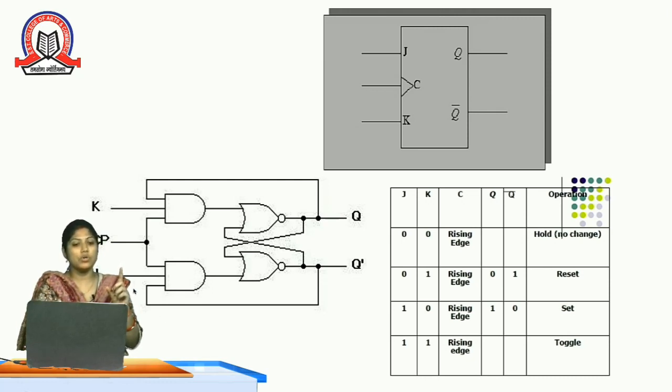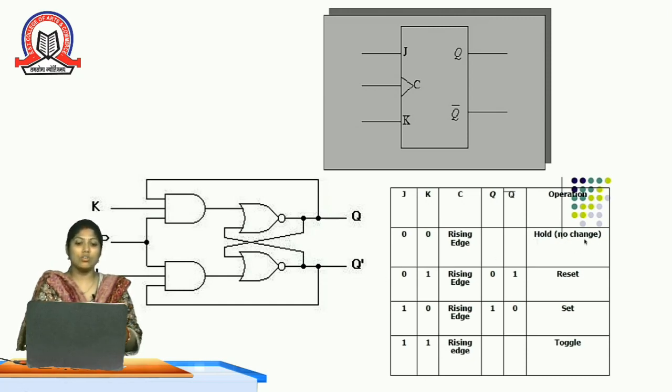Suppose J is 0, K is 0 and clock pulse is 1. So we know the truth table of AND gate. In this initial condition, if you assume Q and Q bar, there will be no change by applying the rising edge. So in the first state 0 0, this remains no change, that is, it goes into hold mode.